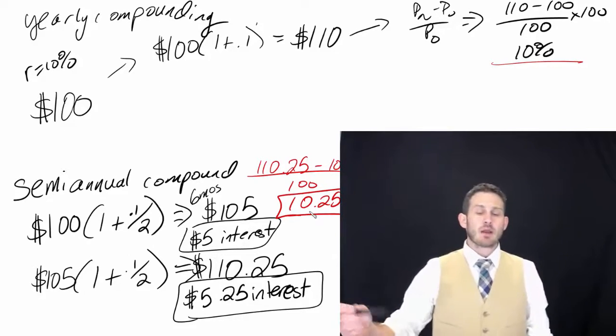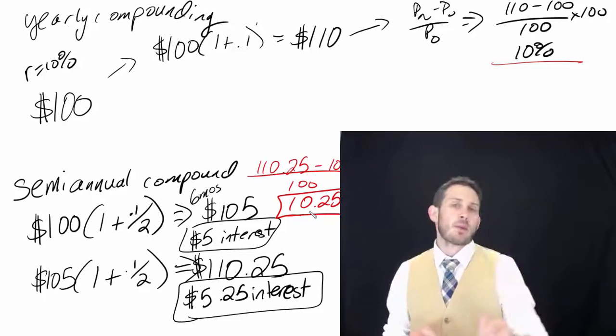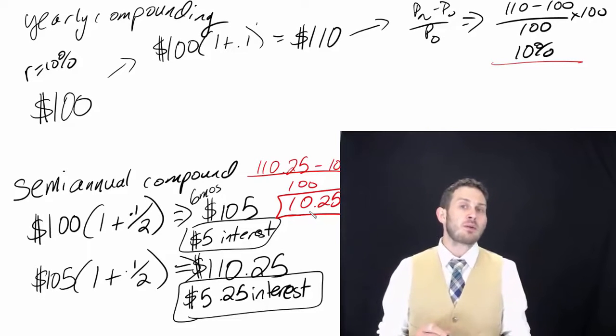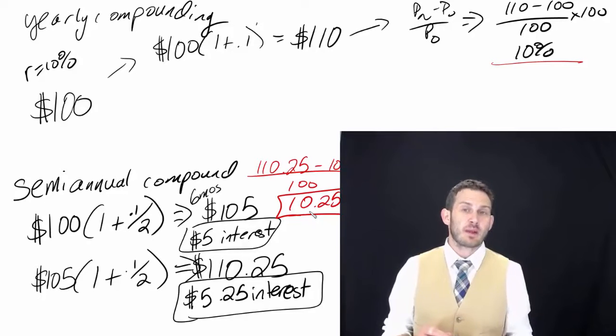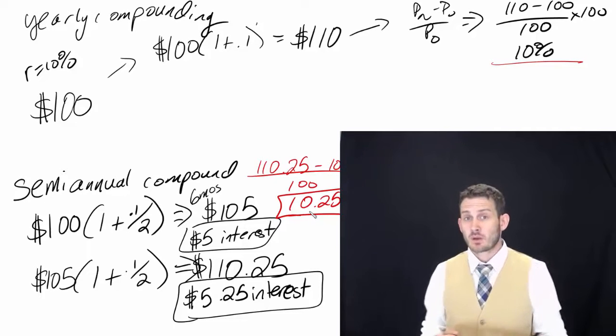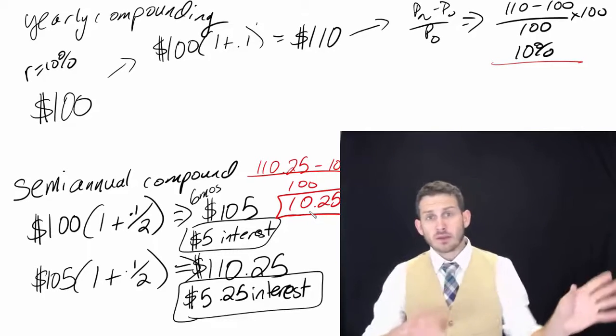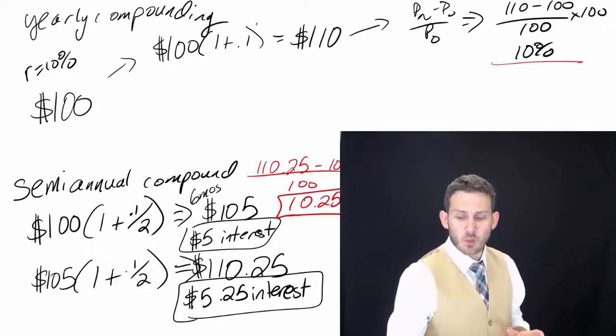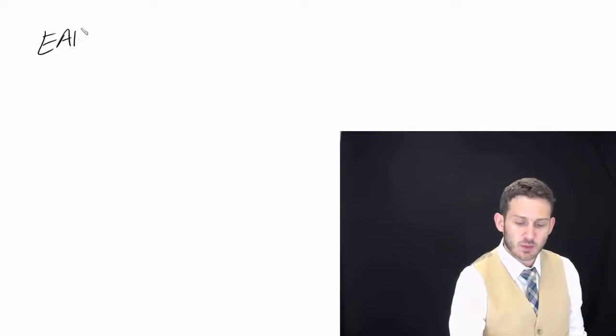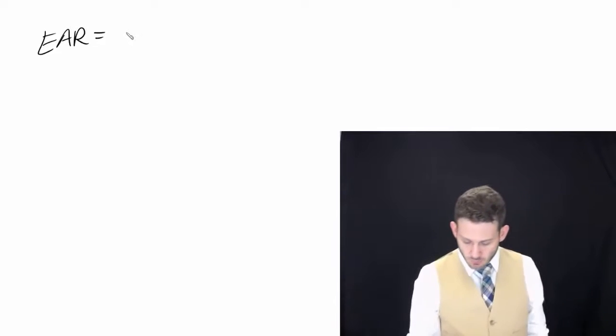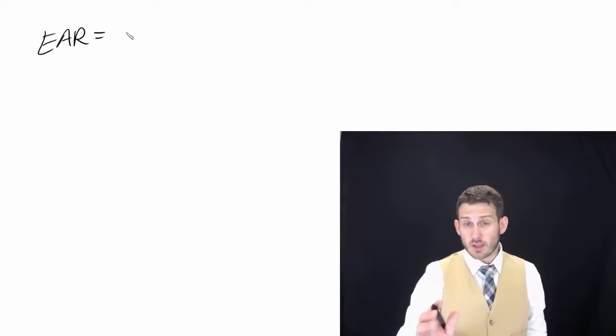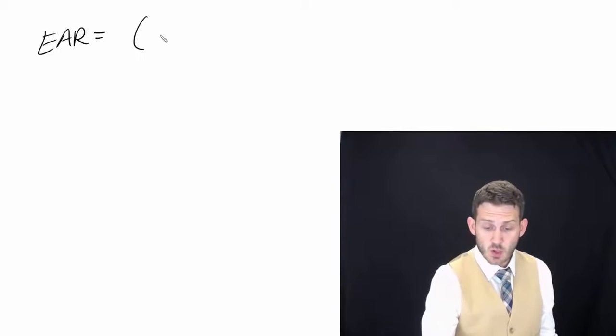Now, one thing to keep in mind is that whenever we're looking at compounding, the more often you compound, the higher the effective rate is going to be. Okay? So, all right, let's formalize this a little bit more. If we're computing an effective annual rate, we are going to take basically our 1 plus r framework.